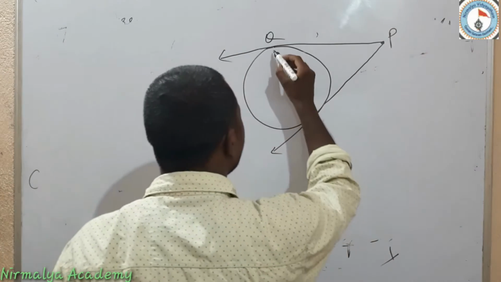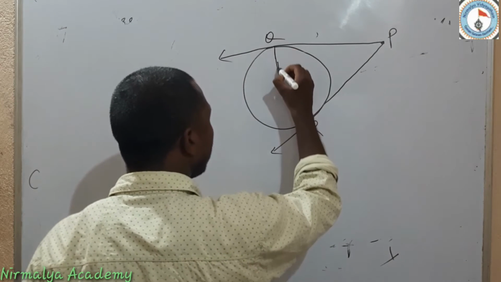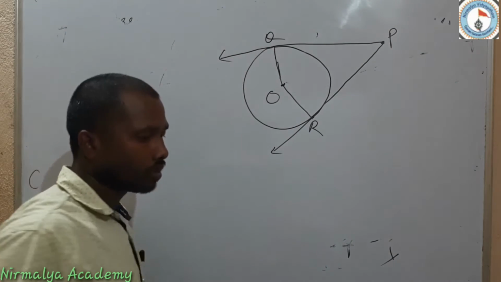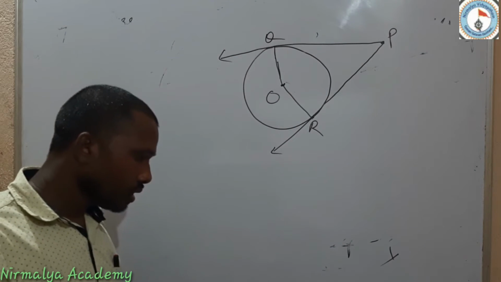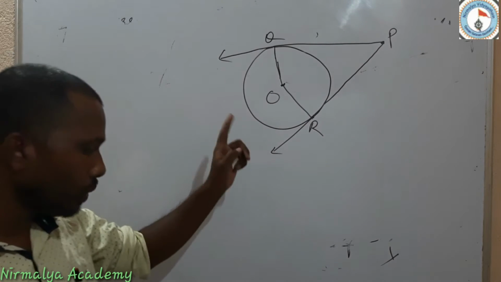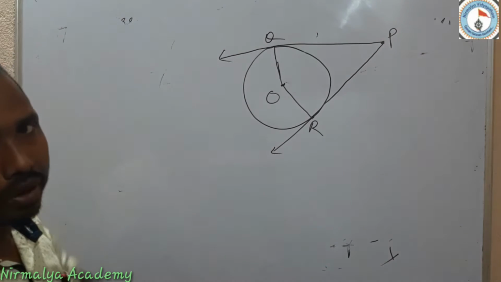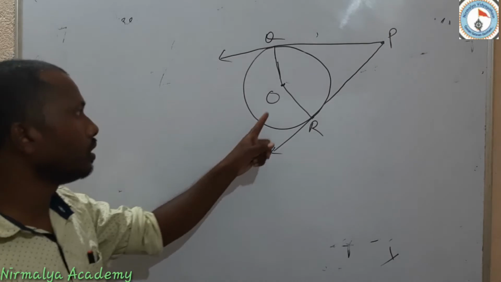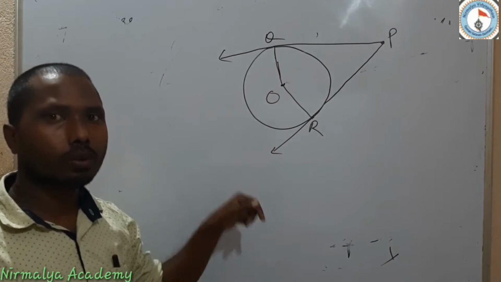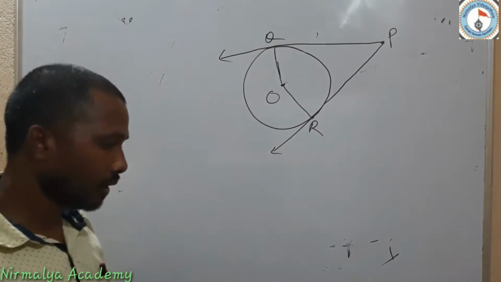So what is given is a circle with center O and a point P lying outside the circle and the two tangents PQ and PR on the circle from point P. So this is the given: a circle with center O and PQ and PR are the two tangents that are drawn from a point lying outside the circle.